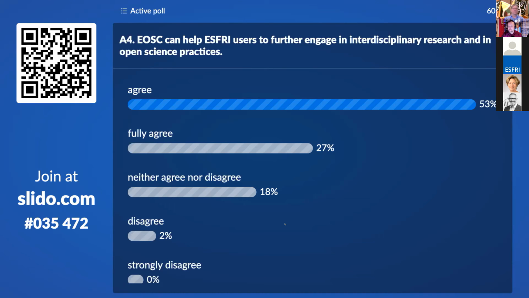And they of course work with more standardized tools, and the work done in the infrastructures to standardize them further and to connect to the EOSC makes the interdisciplinary research easier for them. I think that's the only comment I can give. And I think it looks good, at least for the about 200 people we have here. I don't know how many actually answered this. 60. 60. Yeah, but it's a logical answer.